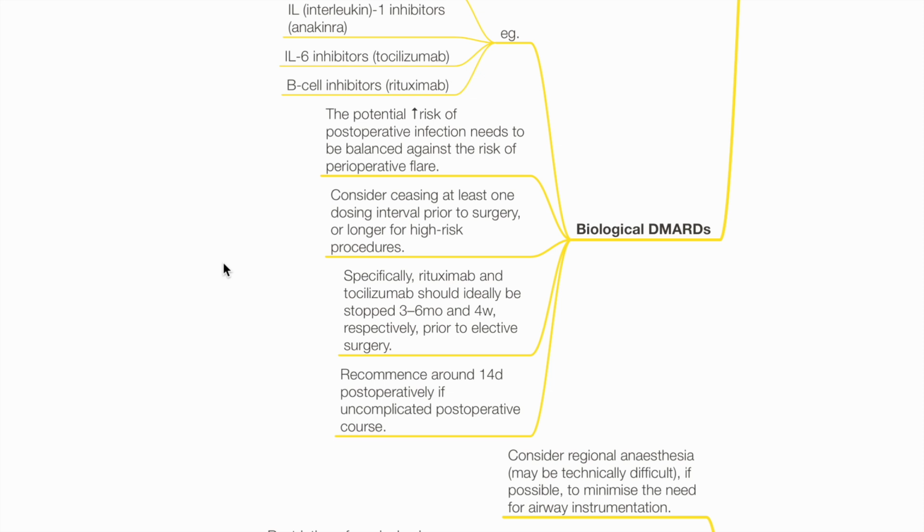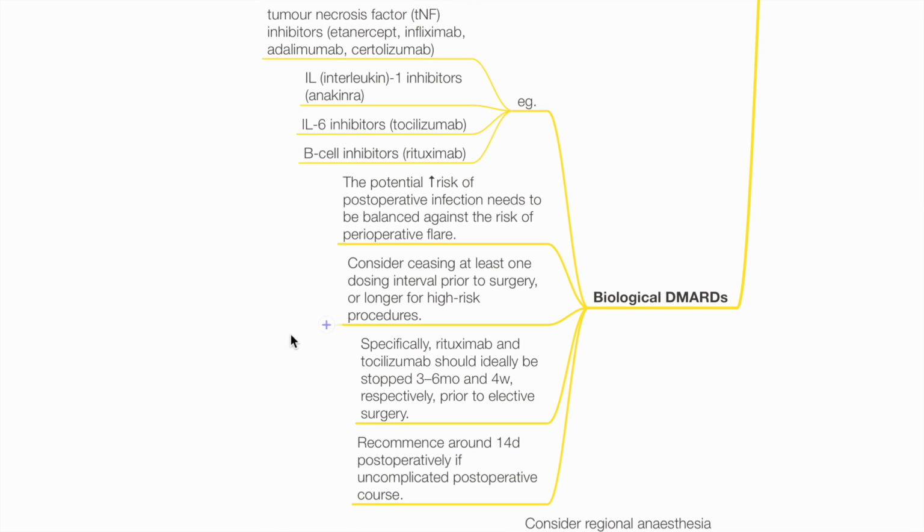Consider ceasing at least one dosing interval prior to surgery or longer for higher-risk procedures. Specifically, rituximab and tocilizumab should ideally be stopped 3 to 6 months and 4 weeks respectively prior to elective surgery. Recommence around 14 days post-op if uncomplicated post-op course.